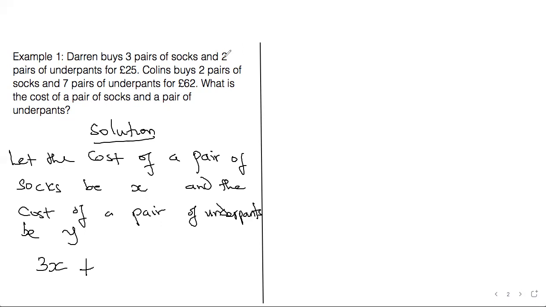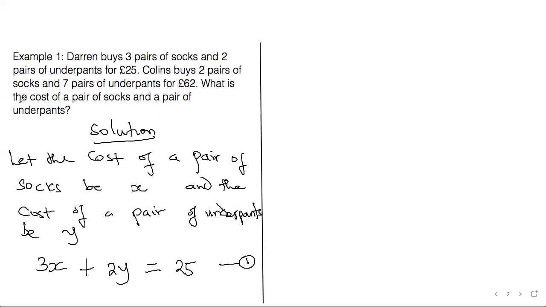So if you multiply the number of underpants that Darren bought by the cost of 1 pair of underpants, you get the total amount Darren should pay for the underpants, which is 2 times Y. So this is the cost of the socks, and this is the cost of the underpants. Then if you add them together, in total, he pays £25. So that gives us one equation. We can call this equation 1.